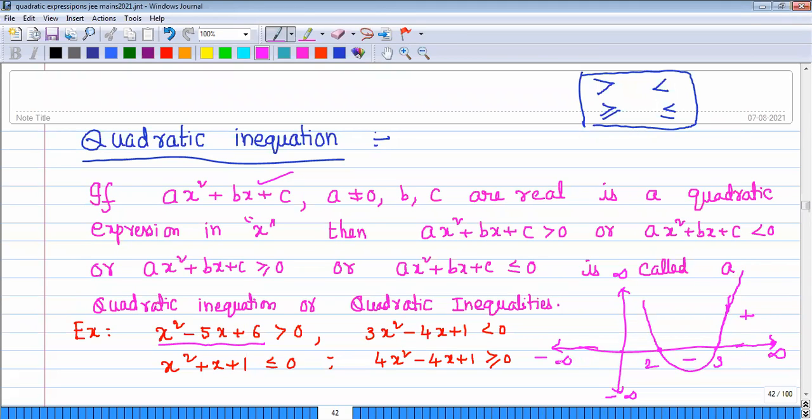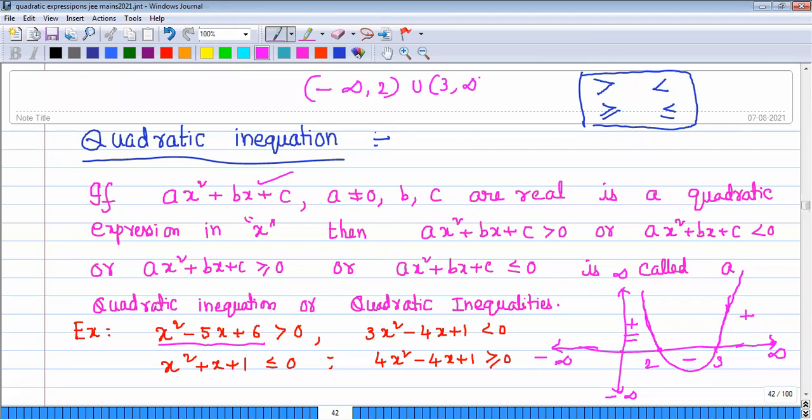Again, from negative infinity to 2, it is positive. So the expression is positive for minus infinity to 2 or 3 to infinity. That means the solution set is minus infinity comma 2 union 3 to infinity.